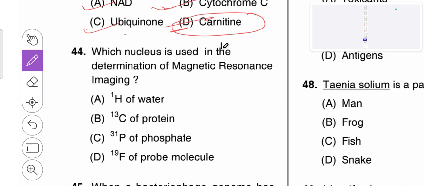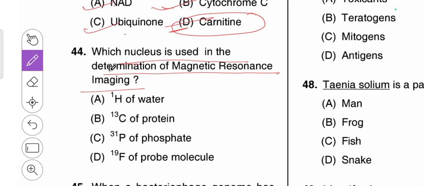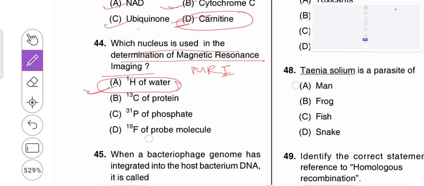Then 44th, which nucleus is used in magnetic resonance imaging, that is MRI scan? During this MRI, the nucleus used is H1 of water, so A is the right answer.